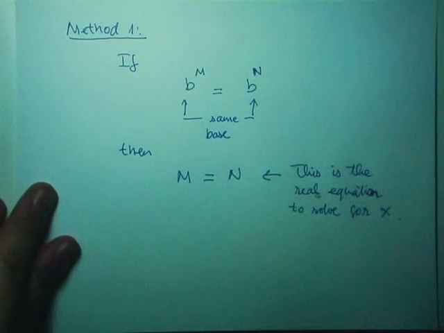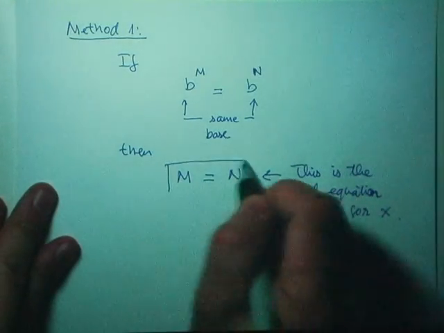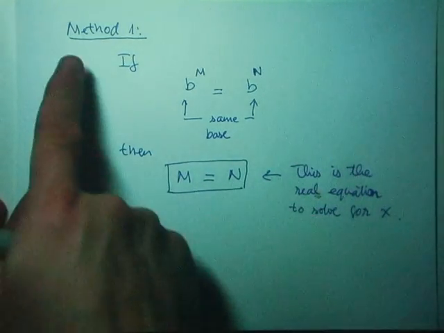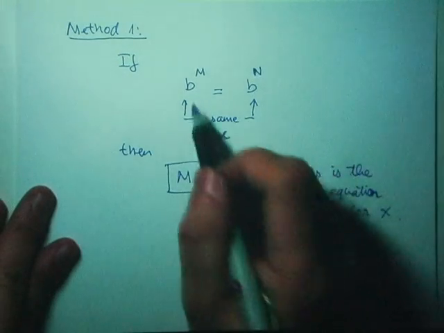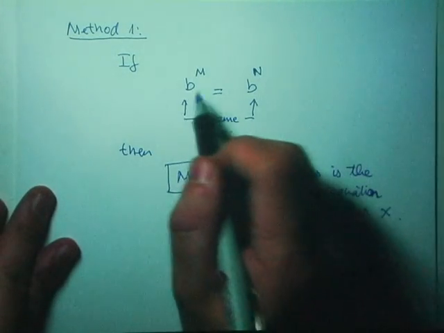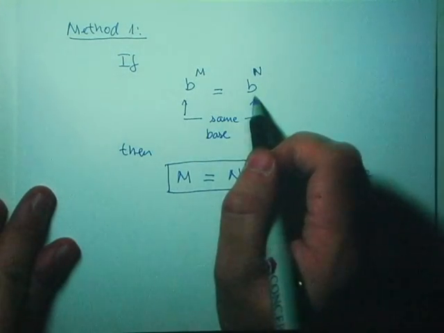And that's the intention. So once again, keep in mind, you can only use method number one as long as you recognize that on the two sides of the equation, the base is the same.